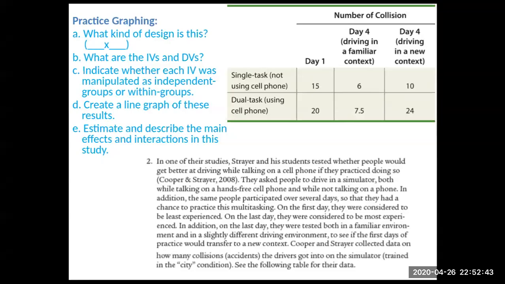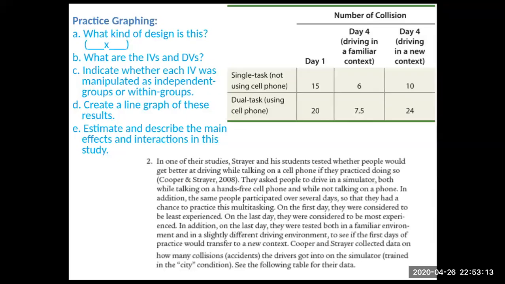Let's look at the other variable. Day 1, they tested them day 1 when they first learned, in day 4 from the same context, and then again in day 4 in a new context. And what it looks like is everybody did day 1, everybody did day 4 familiar, and everybody did day 4 in a new context. So IV2, the days, would be within subject, or within groups.